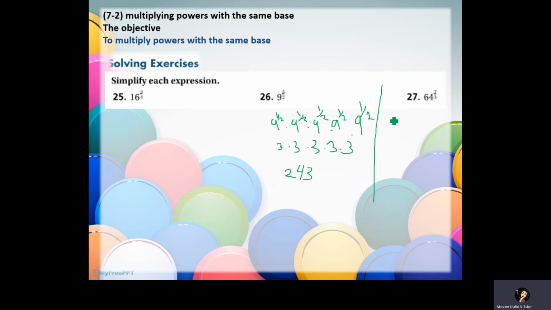Finally, you have the last one, 64 to the power 7. I will make sure that it is power 7, because I cannot see it well. Yeah, it is 7 over 3, but I'll give you the result directly.